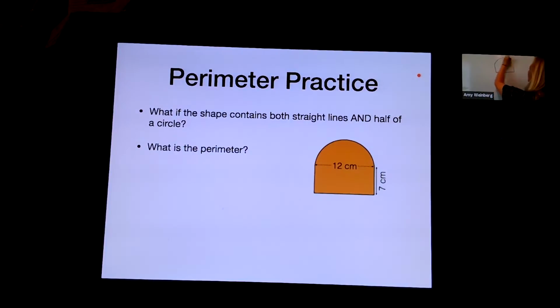There we go. That's terrible. All right, so they're telling us this is 7 from here to here. And they give us a dotted line, and that is 12.